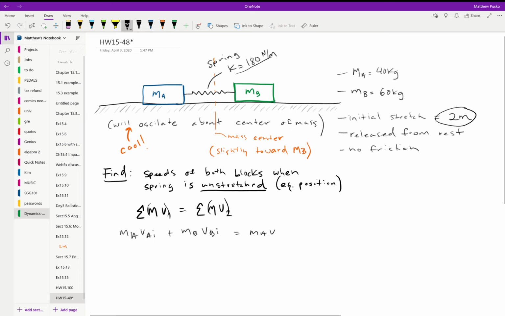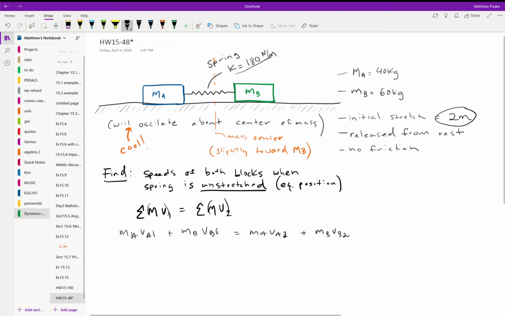Mass A times the velocity of A final, or at 2. I guess I should have done 1 and 2. Plus mass B times the velocity of B at 2.